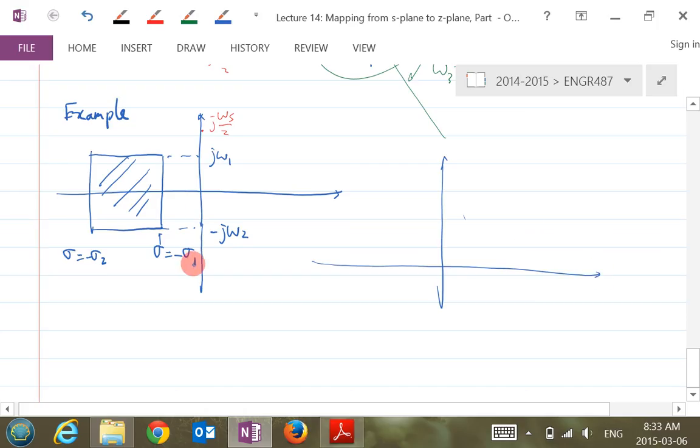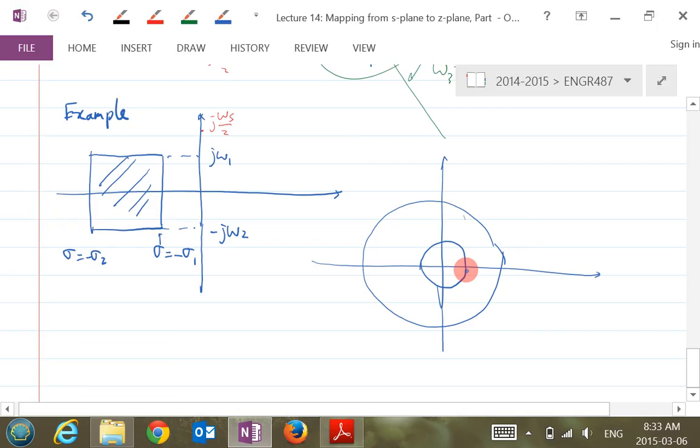Sigma 1 is apparently less than sigma 2. So the circle for this one here should be a bigger circle or a smaller circle? Bigger. So that's the first circle, and this second circle is over here, right?